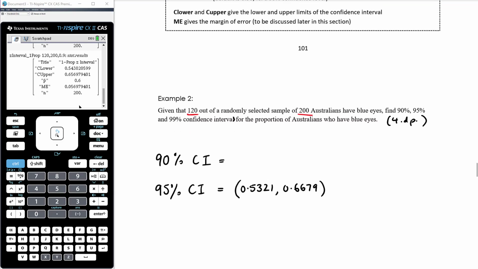And so we get that our lower is 0.5430 and our upper is 0.6569. No, sorry, that's going to need to round up, isn't it? 0.6570.